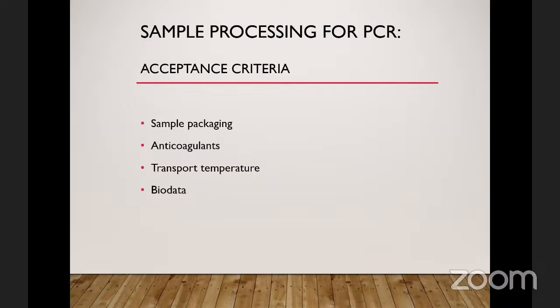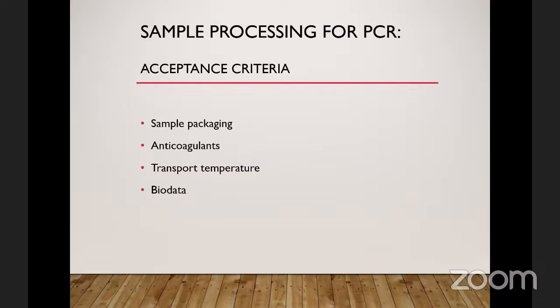So a sample coming into the laboratory with the wrong sample bottle has an impact on the results you get, and on the information of the patient that you are going to be getting. So also is PCR sample coming into the lab. There are some acceptance criteria for us to say that a particular sample is fit for testing when we are accepting samples for PCR.